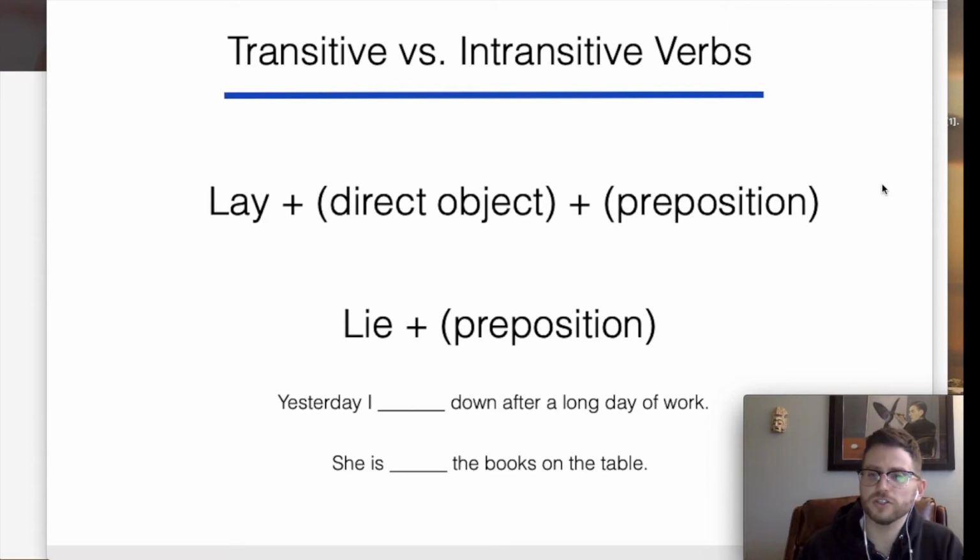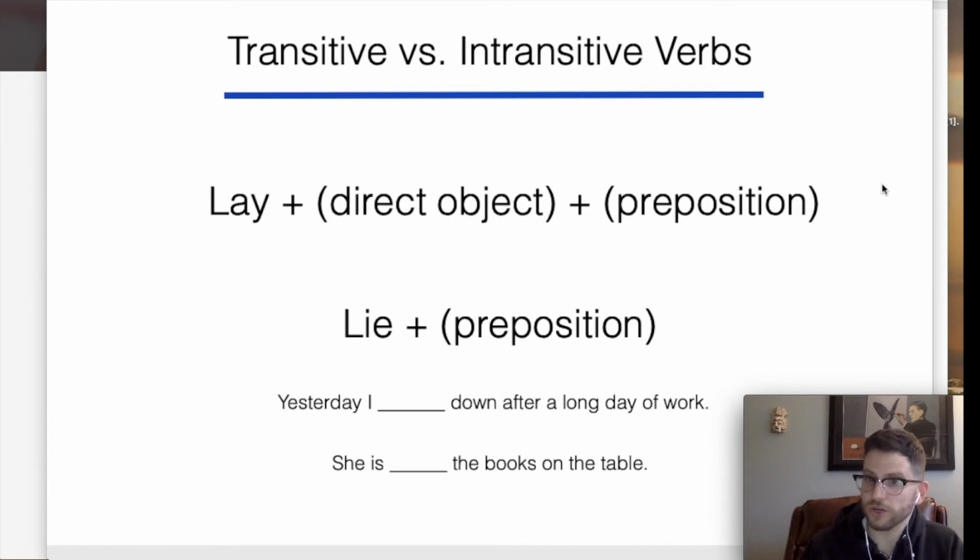A preposition is a word that comes before a noun, and it shows relationships between nouns in a sentence. And so when you have a transitive verb like to lay or to buy, that verb is always attached directly to its object. There is no separation between them.